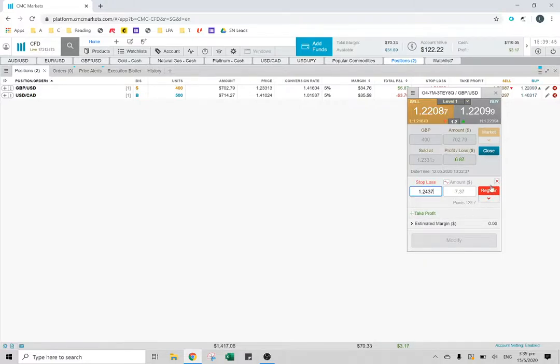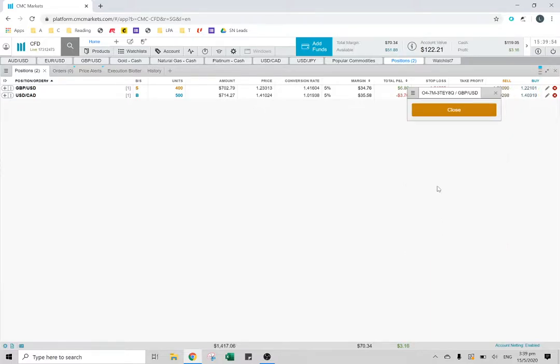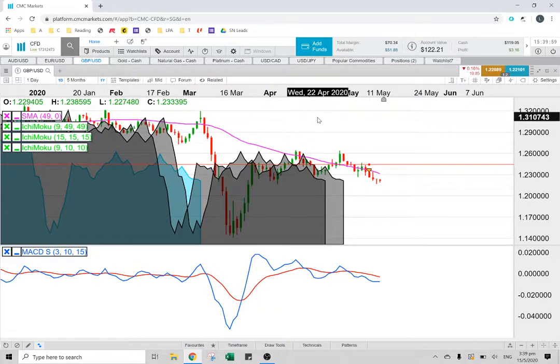Okay. Modify. Stop loss more than 1.2437. Yeah. Okay, done. So we moved our stop loss to the high of this candlestick, just to make it tighter.